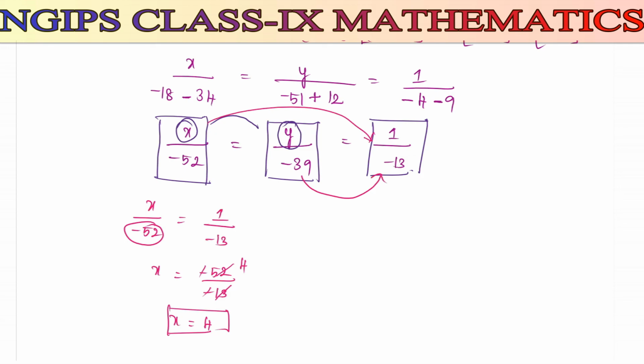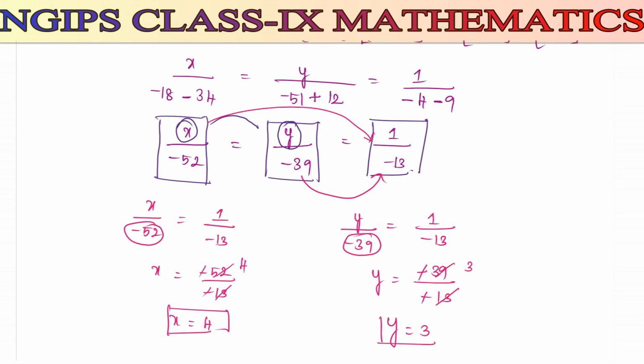When you equate, we will get y divided by minus 39 is equal to 1 divided by minus 13. So y is equal to, if this division goes to the opposite side, it will be multiplication. Minus 39 divided by minus 13, minus minus will get cancelled. y is equal to 1 13 is 13, 3 13s are 39, y is equal to 3 we got.